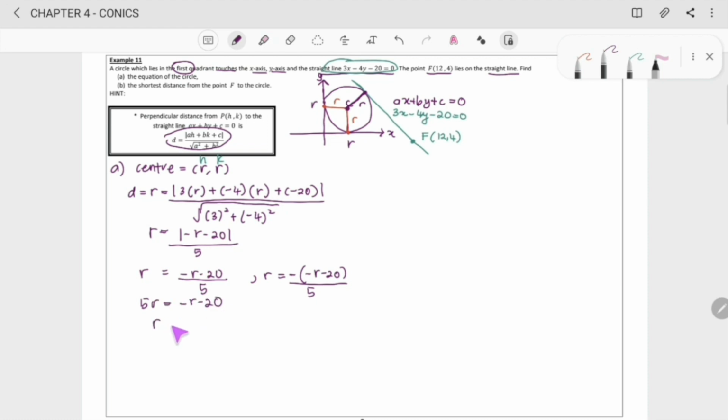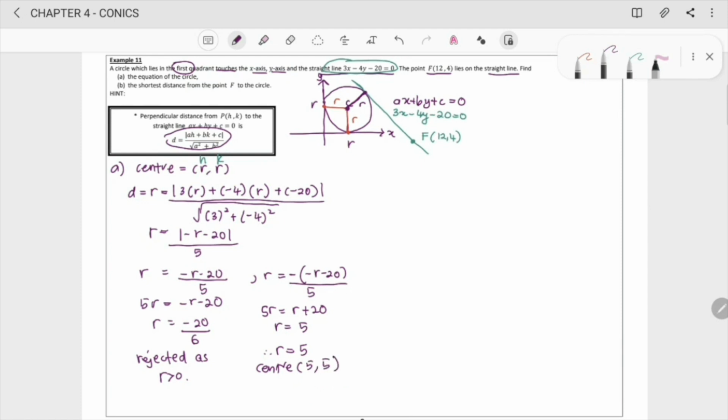Finally, you get R equal to negative 20 over 6 for this one, and for the other one you get R equal to 5. So you reject the first one, as R must be greater than 0. The final answer is R equal to 5, and our center is (5, 5).